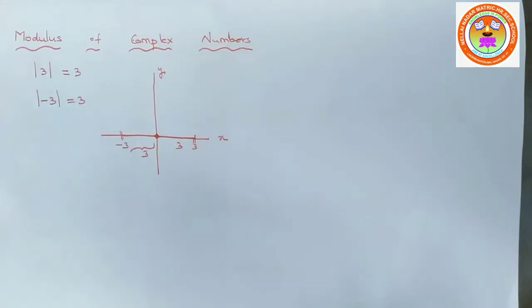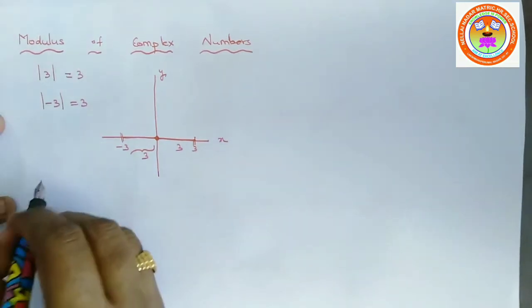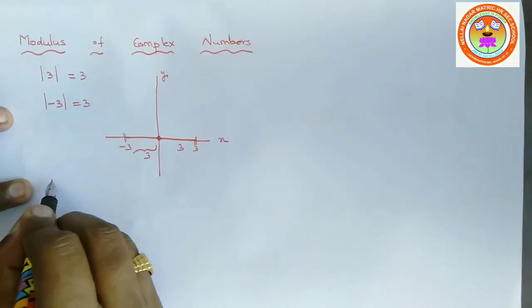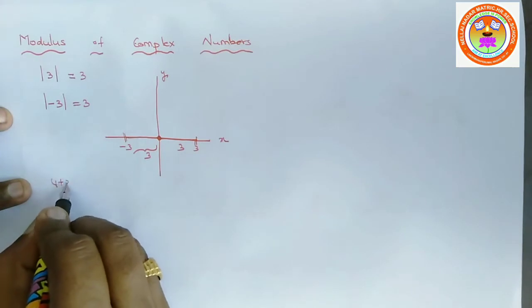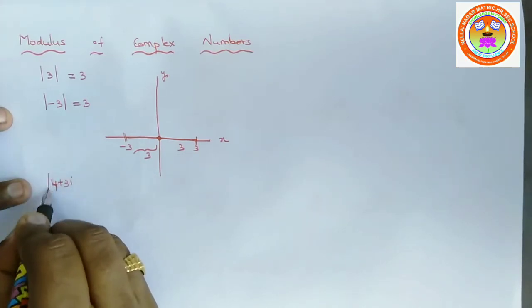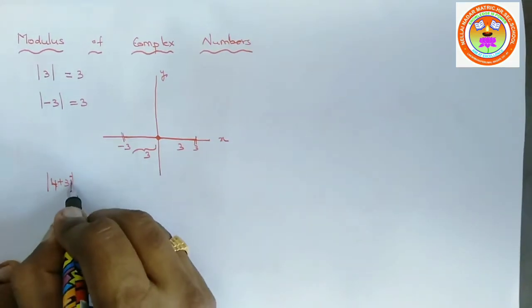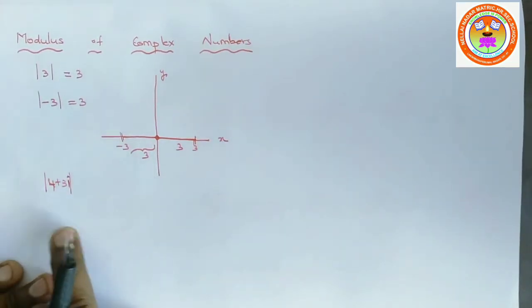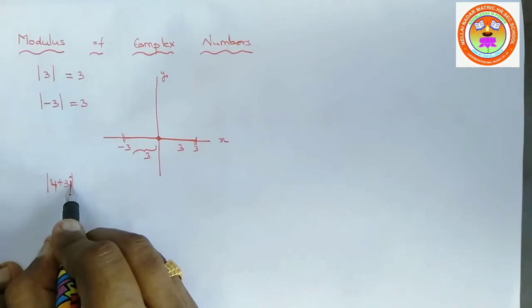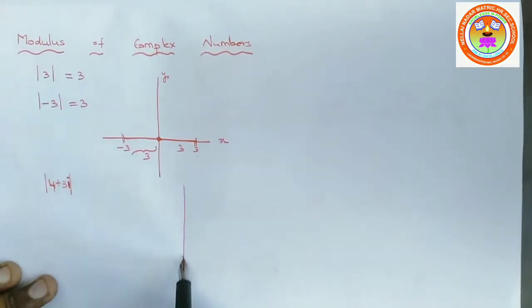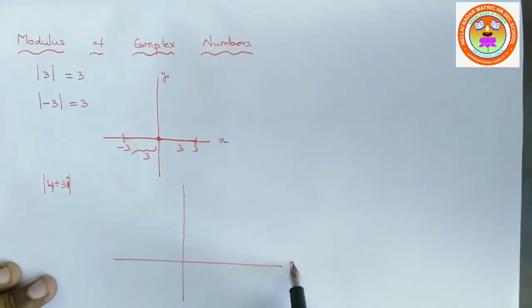The very, very interesting introduction. So listen. For example, if I take 4 plus 3i, this is a complex number. 4 plus 3i modulus. Since it is a complex number, I want to take real and imaginary lines, a real axis and an imaginary axis.